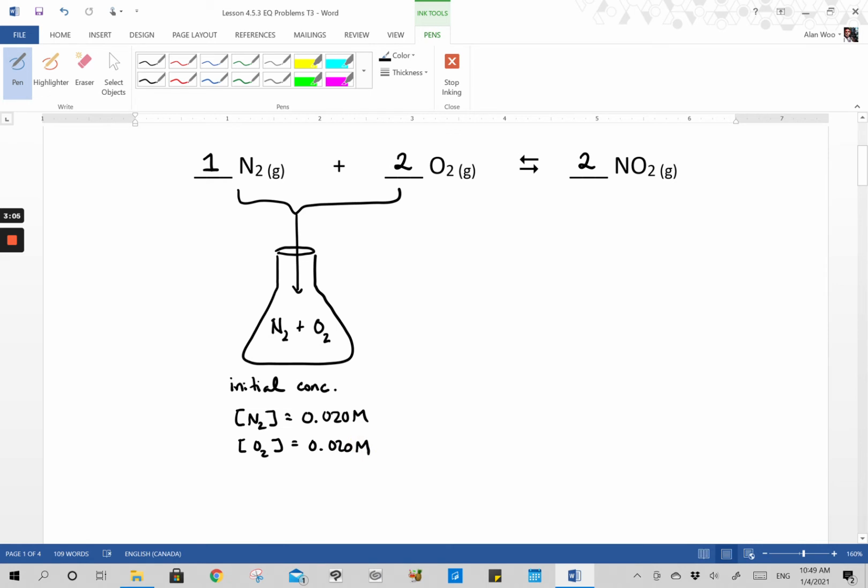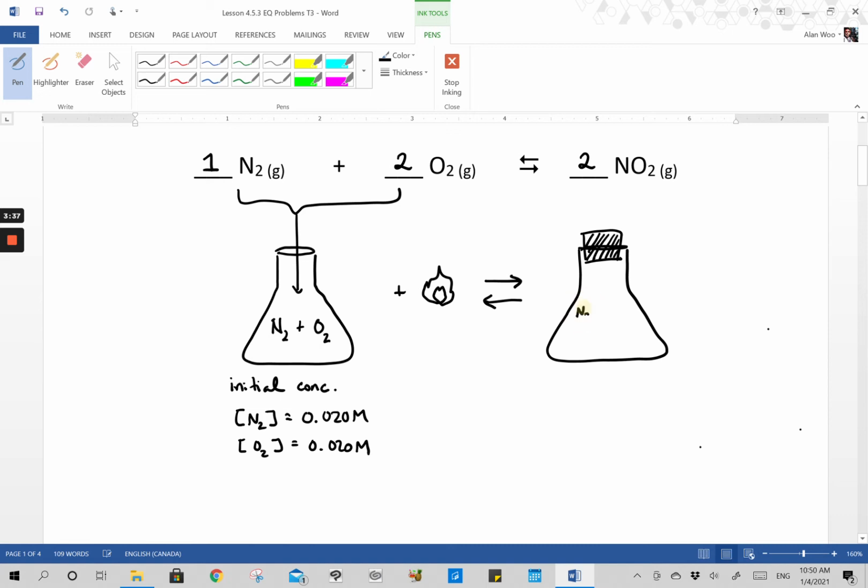Okay. Now, the question says once you heat it, so we'll add heat, it will now begin the reaction and start creating NO2. So we're going to seal up the flask with a stopper. Okay, so now we have a closed system.